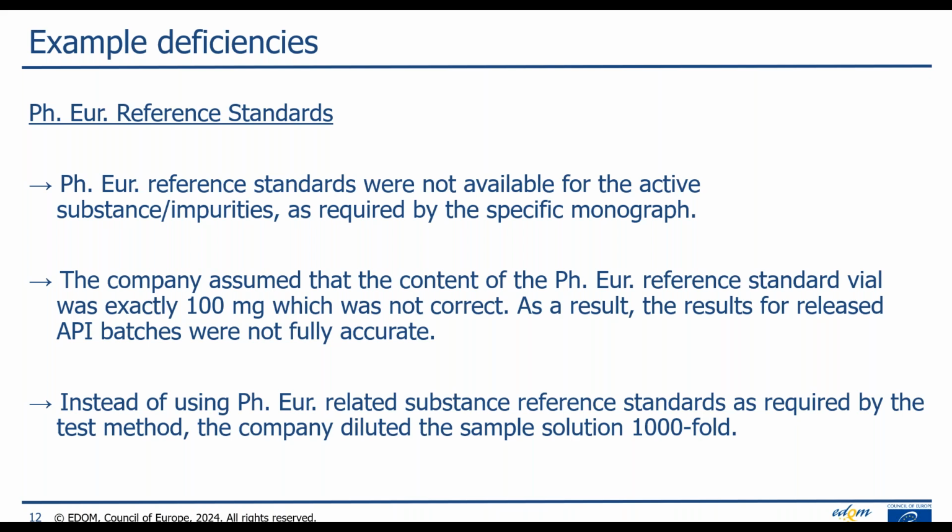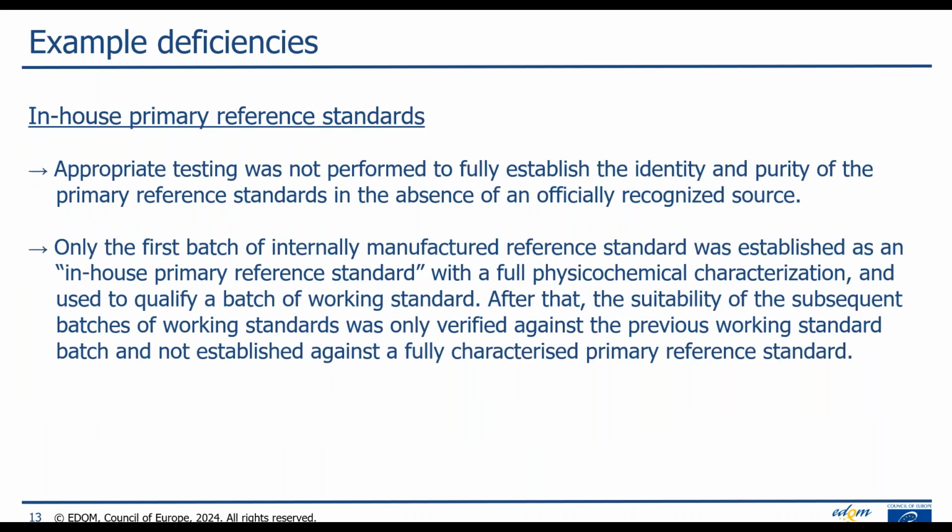And then another example, we found that a company was using a diluted sample instead of the European Pharmacopoeia related substance reference standard, which was required by the test method. So in this case, instead of using that, they just diluted the sample solution 1000-fold, which is clearly not justified.